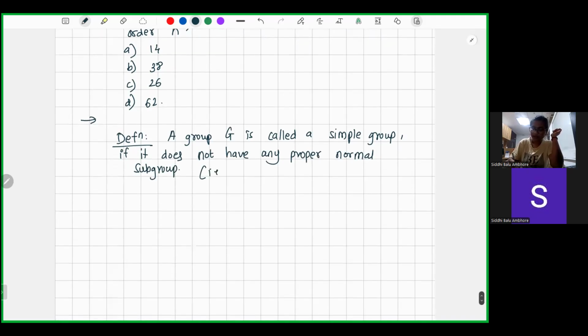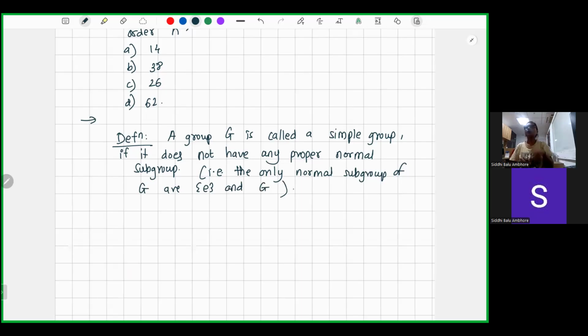That can also be written as: the only normal subgroups of G are the identity element and G itself. Okay, so any doubts here?